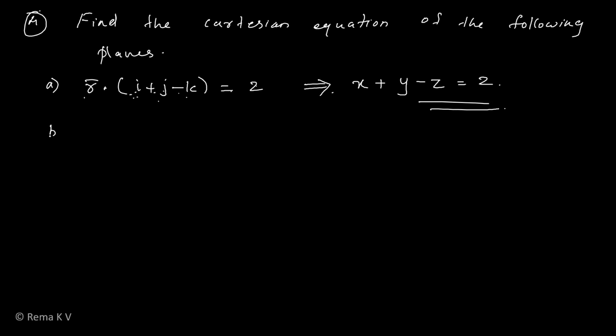Okay, another one. r dot 2i plus 3j minus 4k is equal to 1.